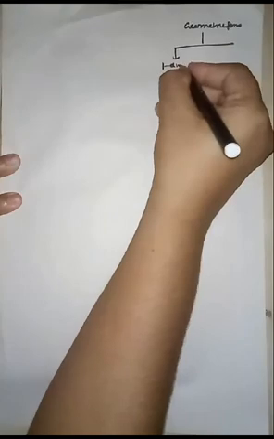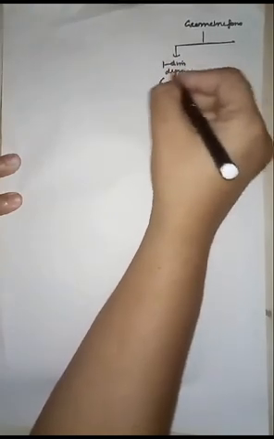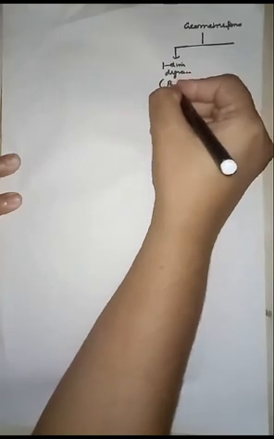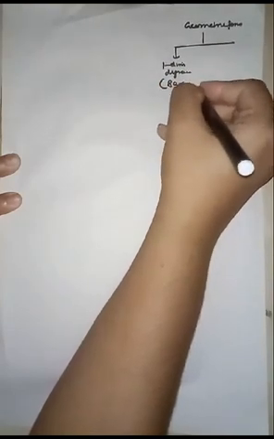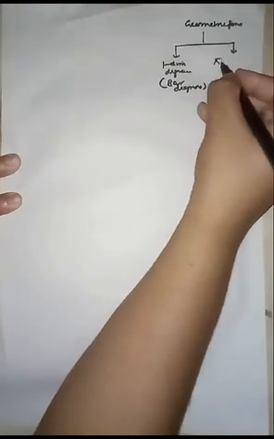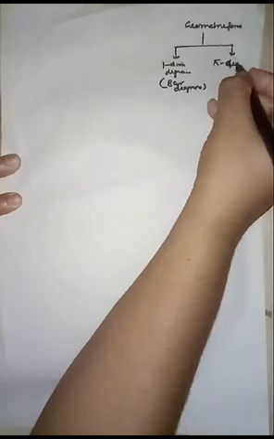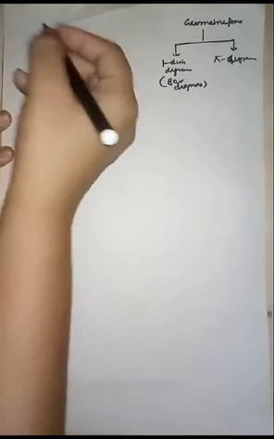First one is the one dimensional diagram. As I told you, the one dimensional diagram is also known as bar diagram, and this other one is the pie chart, or you can say pie diagram.